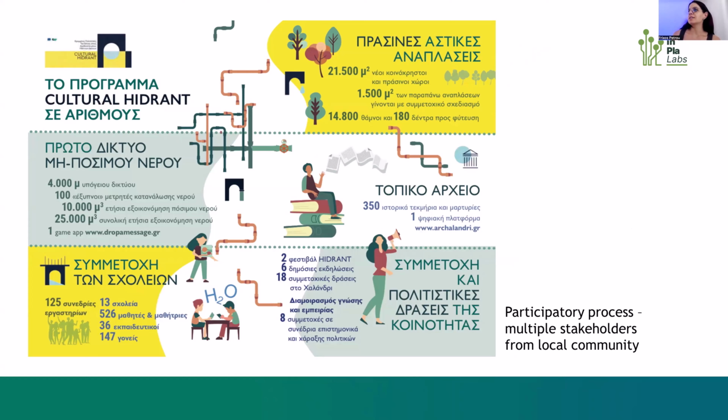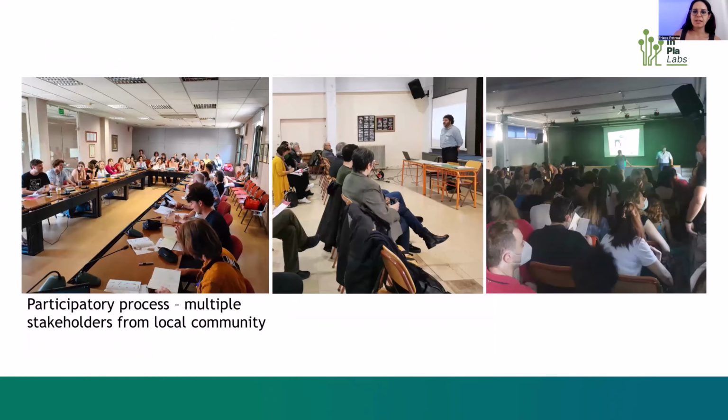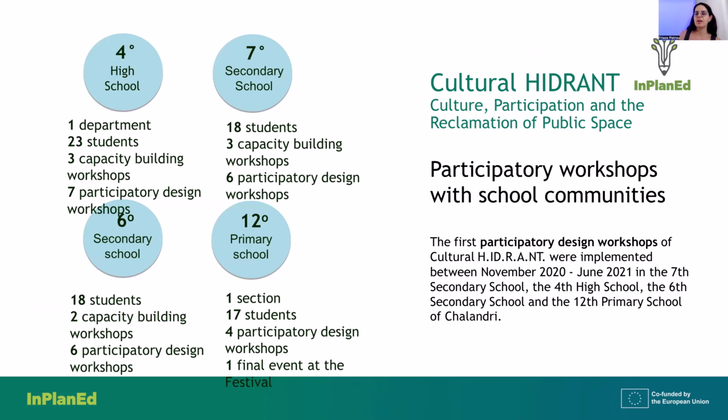Then we had several collective mapping and community mapping exercises in different neighborhoods. And we also did several participatory exercises with schools. The interesting thing is that although the initial plan was smaller, the interest was so high that we eventually visited more schools than planned.